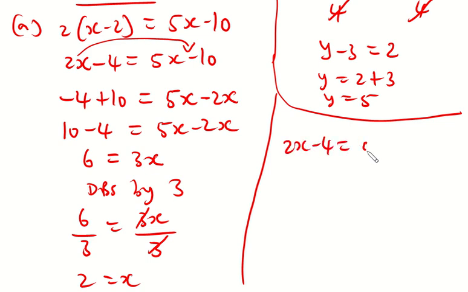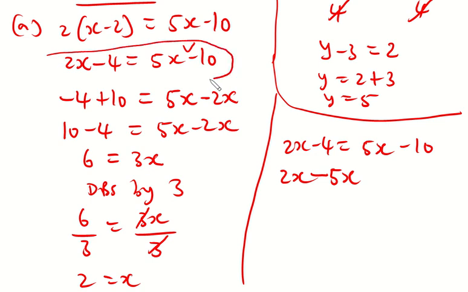Why can't I just... So I'm going to start off from here again and quickly solve it without moving 2x to the right-hand side. So move 5x to the left-hand side. What will we have? Minus 5x. I'm just reworking it again from here. Take note of that. Okay, stay with me on this.